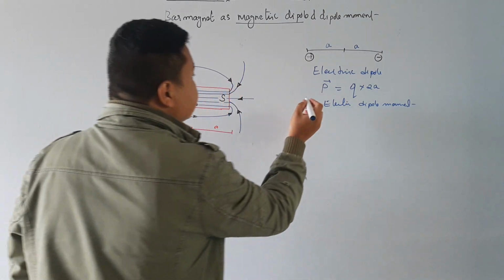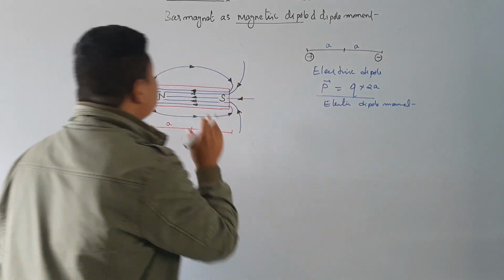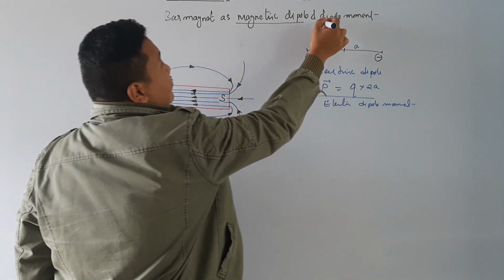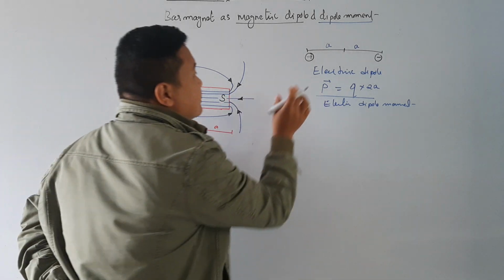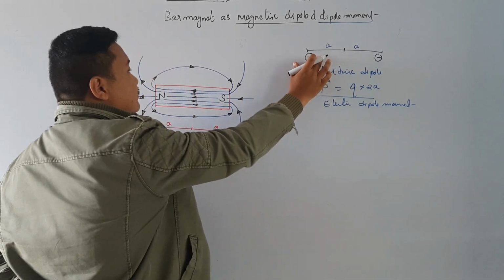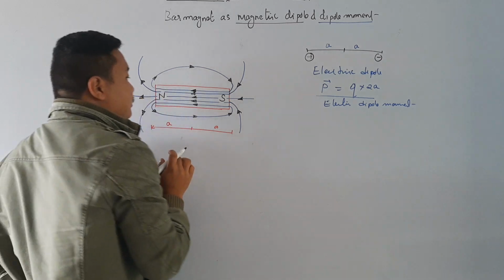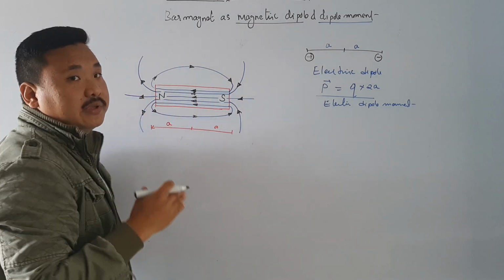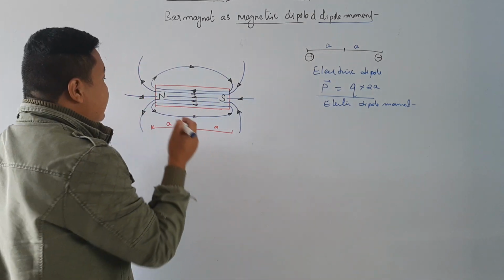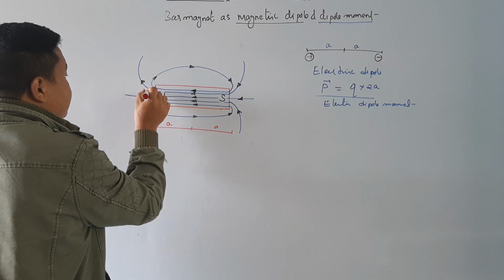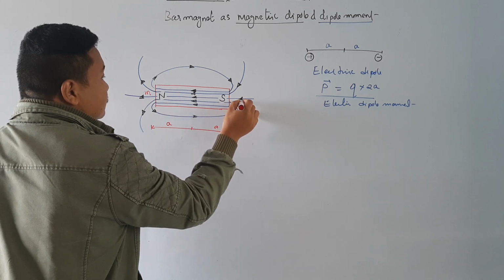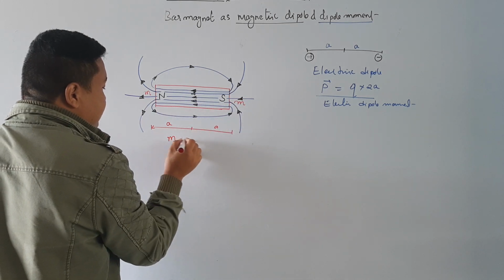So similar to this one, I should have a magnetic dipole moment, isn't it? Before going to that, see, this is my charge and instead of charge I have got the poles. So at the poles there will be a magnetic strength. I will call that magnetic strength small letter m. What is this?